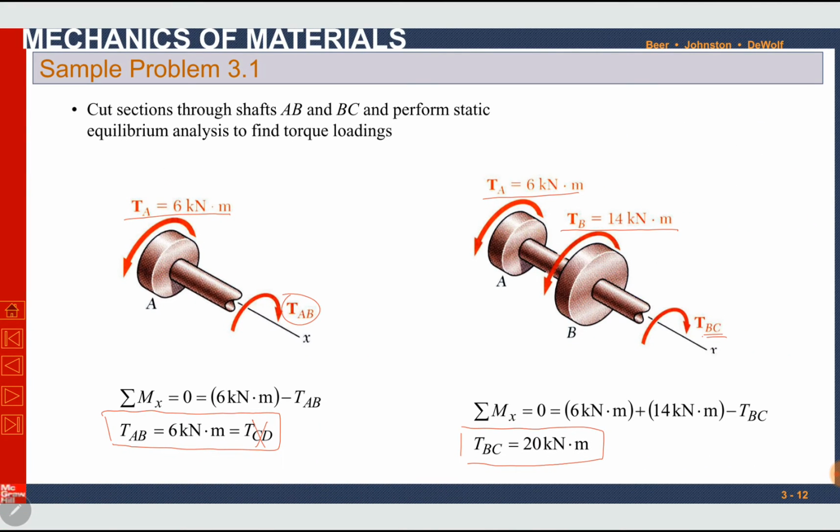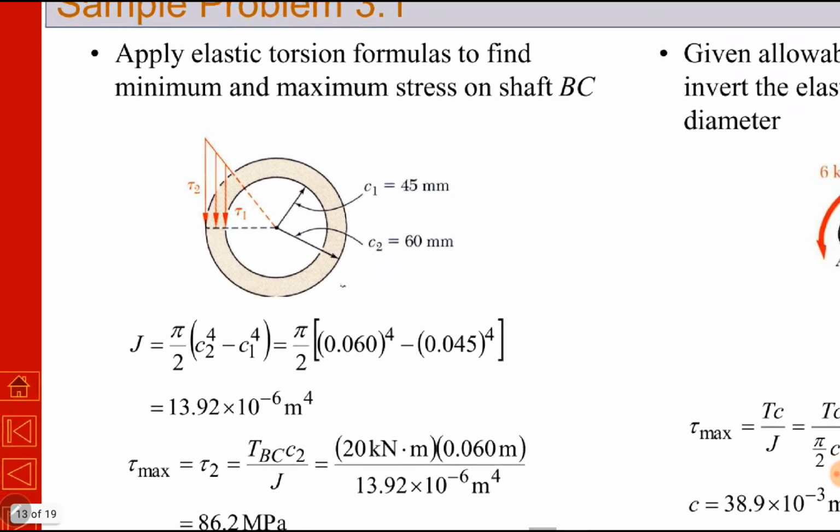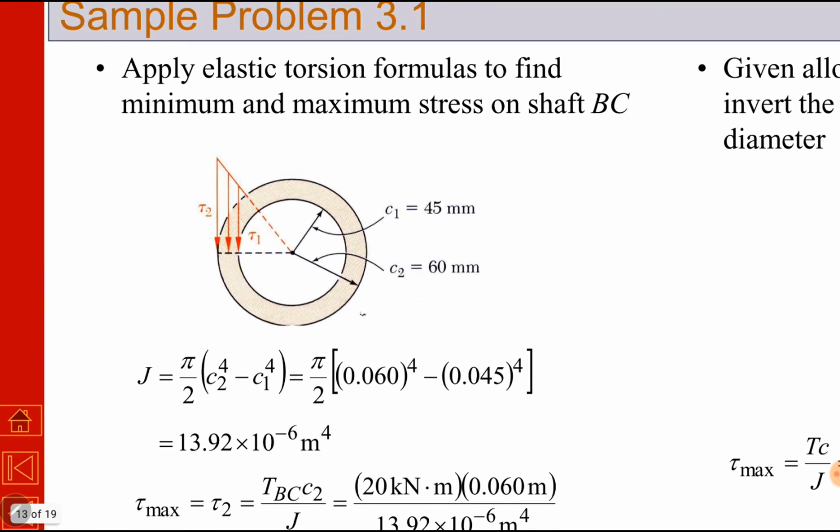In part A, we were asked to find maximum and minimum stresses in shaft BC. Shaft BC is a hollow shaft. Internal and external diameters were given. Internal diameter was 90 mm, so internal radius is 45 mm. External diameter was 120 mm, so radius is 60 mm.